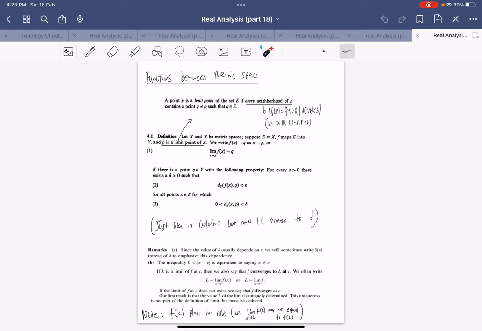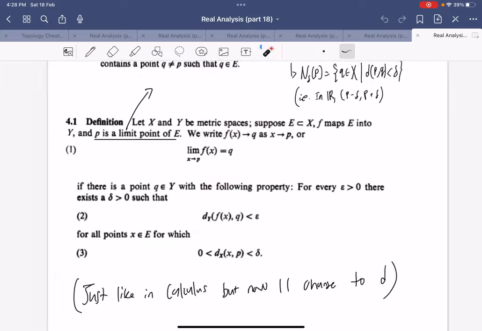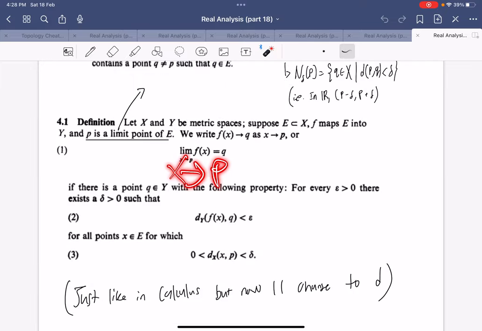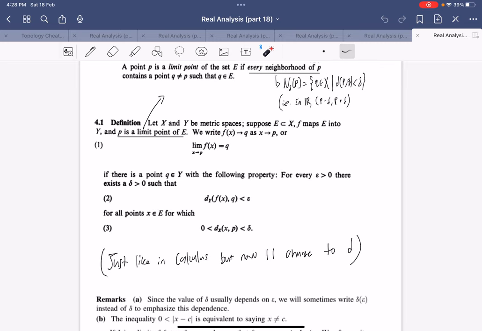So let's begin now with what we want to talk about in this video. When we have a function, we say that as x approaches p, the limit of f(x) equals q if there's a point q that satisfies the following property. This property is just like your delta-epsilon property in calculus.